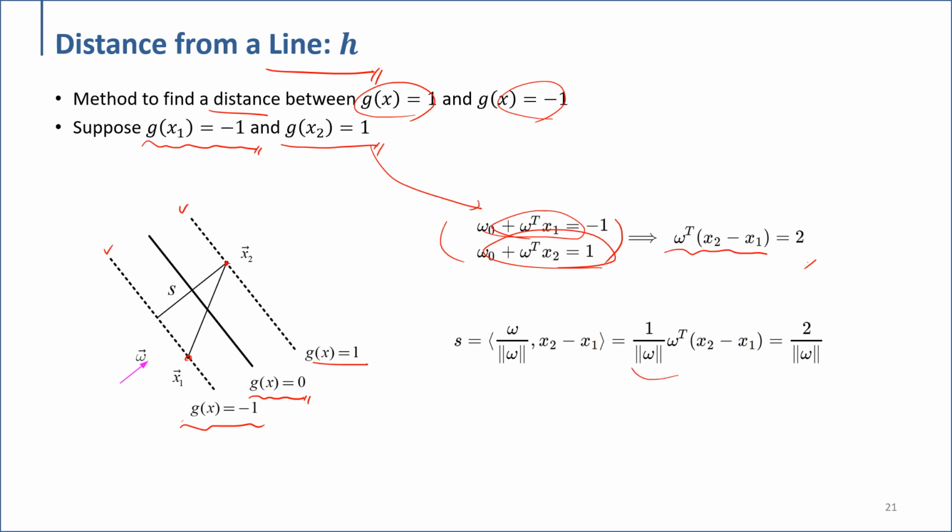If we rewrite this inner product, it is nothing but 2 over the magnitude of omega. So we can conclude that the distance between these two lines is 2 over the magnitude of omega. So this one is just half of this, so it would be 1 over the magnitude of omega.